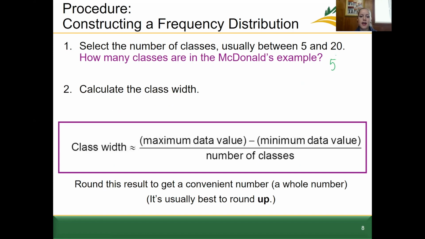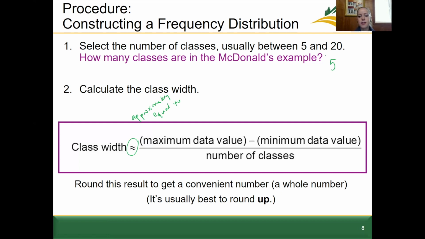Step 2, calculate the class width. That is approximately equal to, so that squiggly equal sign means approximately equal to, the maximum data value minus the minimum data value divided by the number of classes.